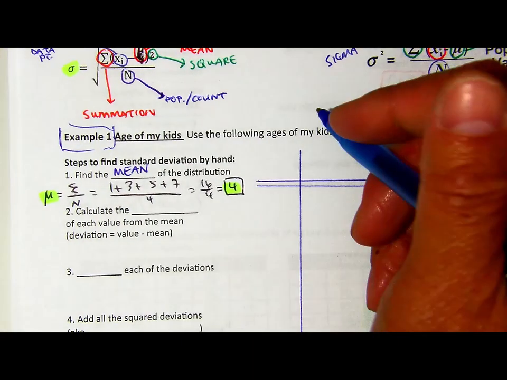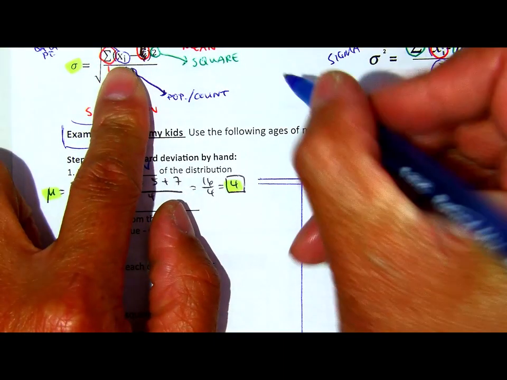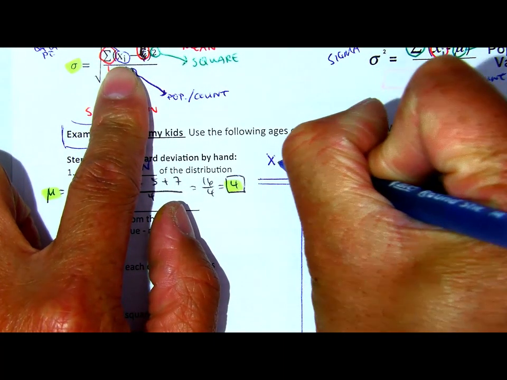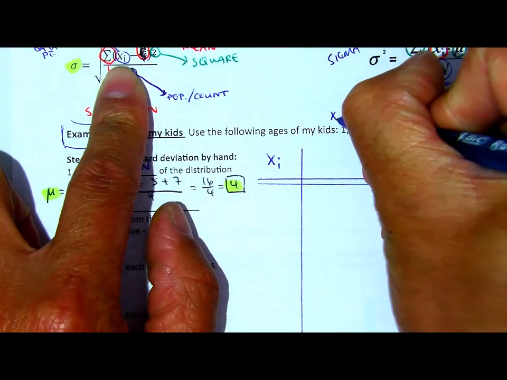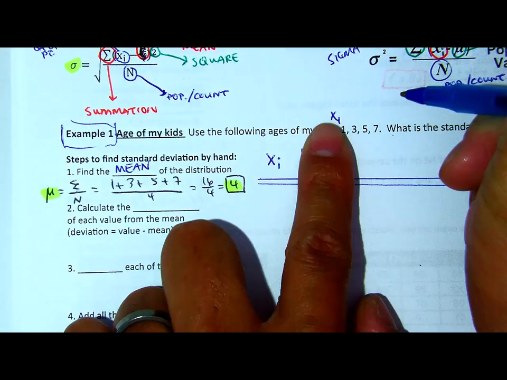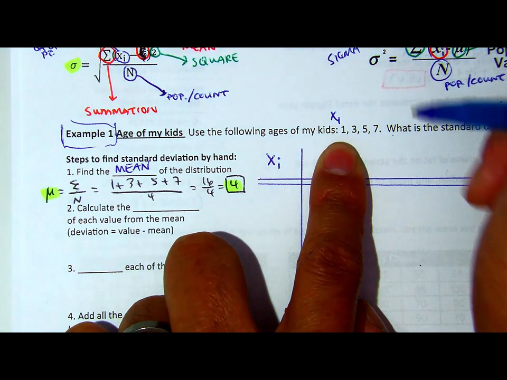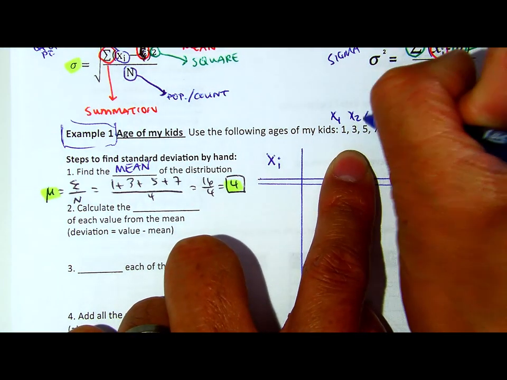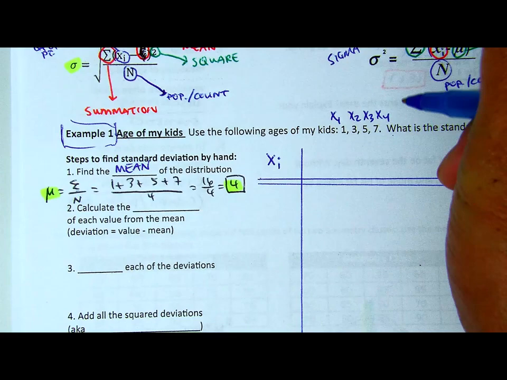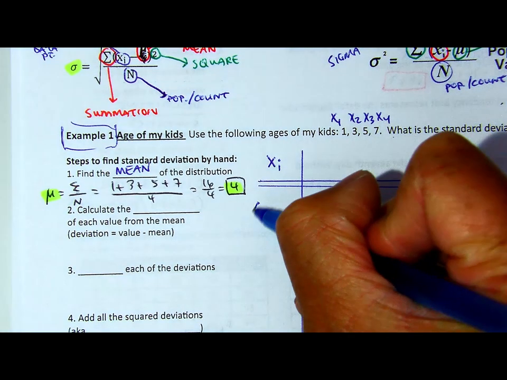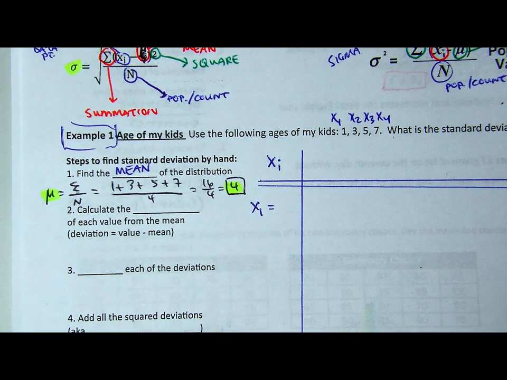Okay, the first thing we're going to do is the individual data points, xi. x1 is the first kid and their age is 1. x2, x3, x4. Class, what is the age of the first kid? 1.